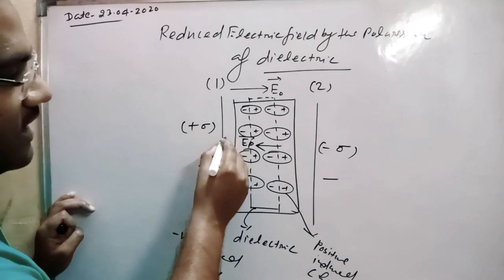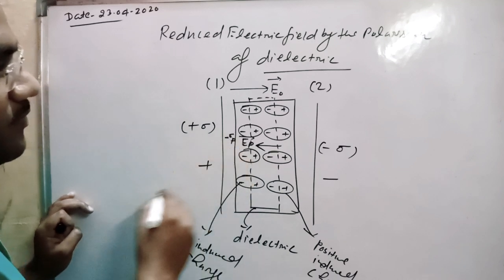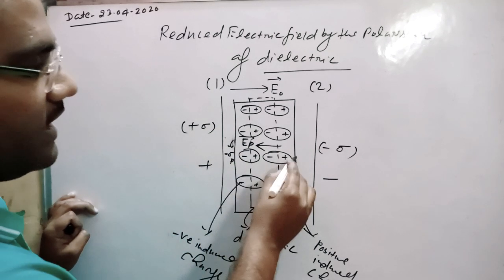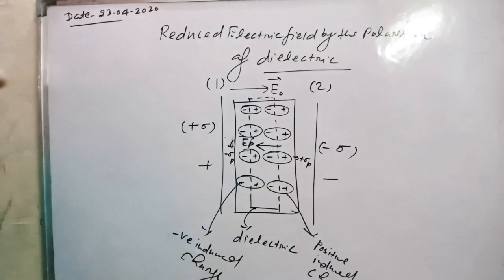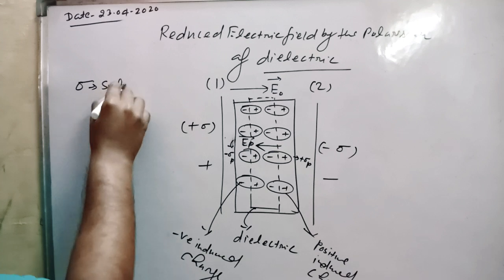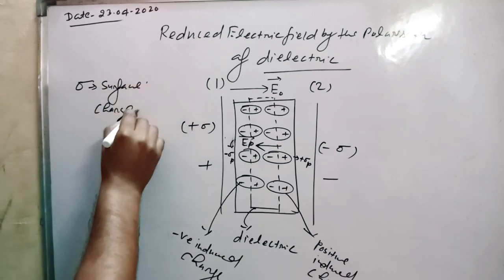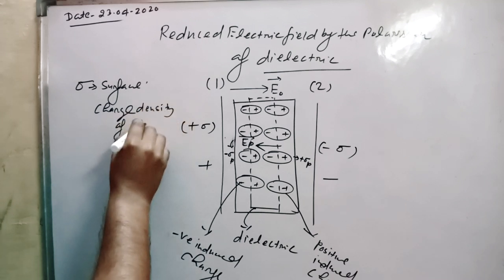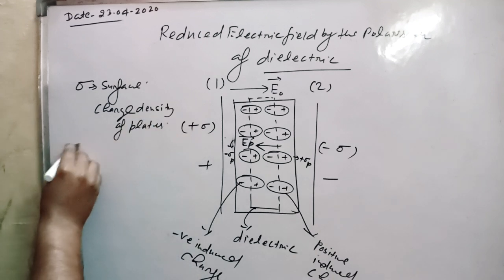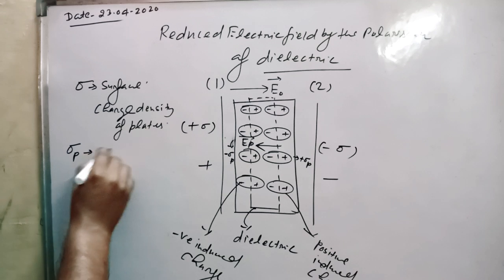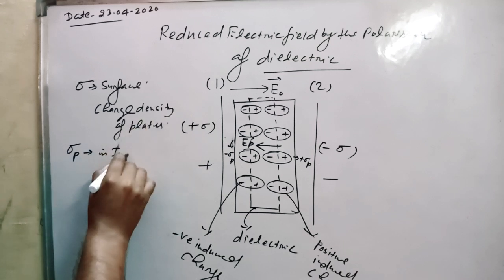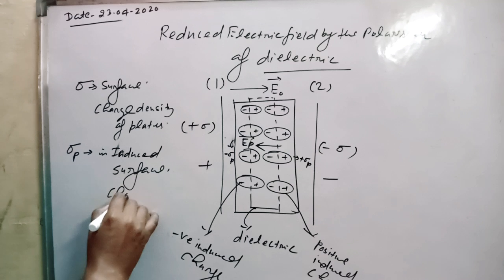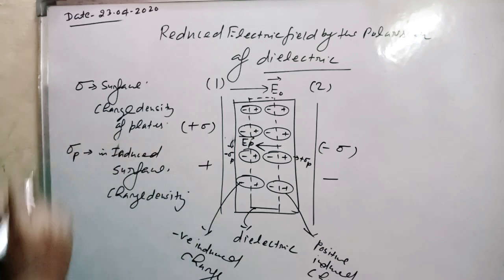The surface density of this face is taken as sigma P: it has surface density minus sigma P, and it has surface density plus sigma P. Now here sigma is the surface charge density of the plates, and sigma P is the induced surface charge density.